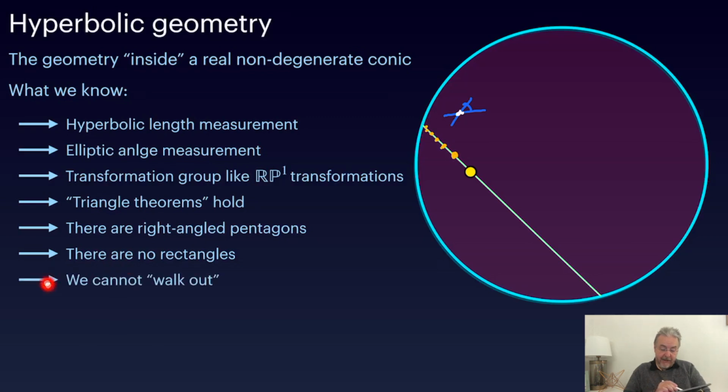And one important thing, and this is the point why it makes sense to focus on the inside of that. If you consider yourself as a being living in the inside of that space, and you do this walking in unit steps, there is no way for you to escape.